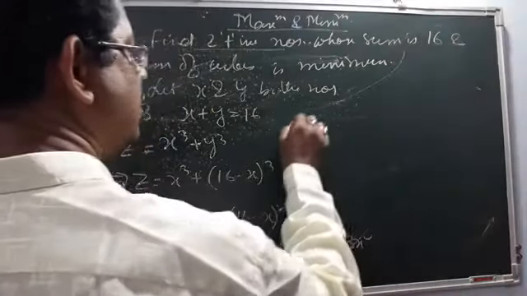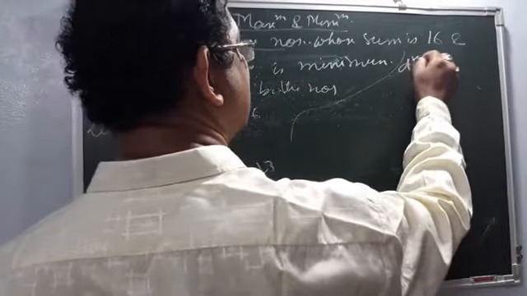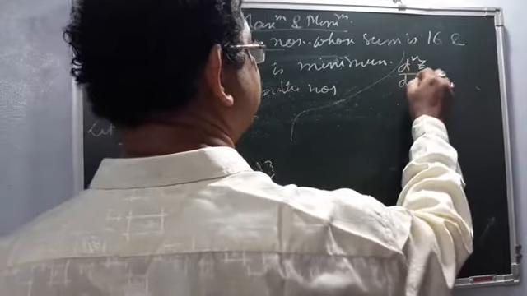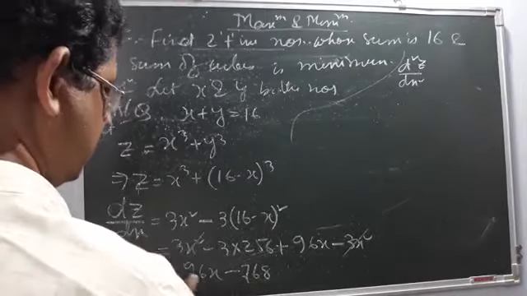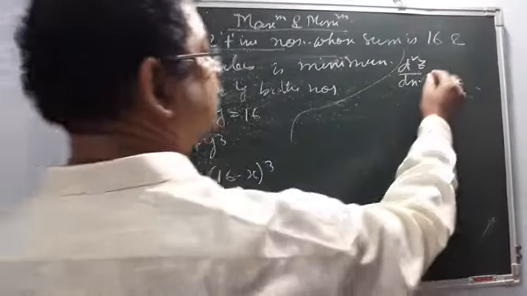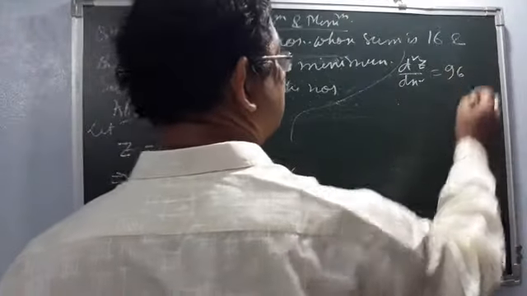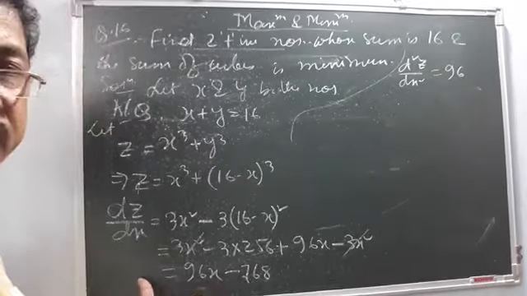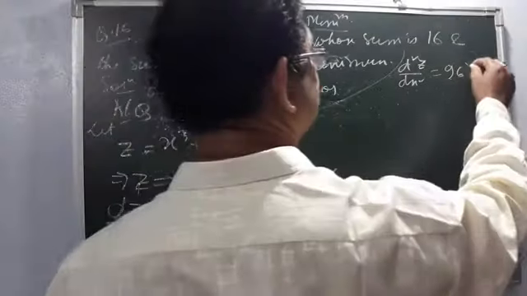And if we differentiate again, d²z/dx², it will give only 96. Students, take care of this one. So if we differentiate that, it is greater than 0.